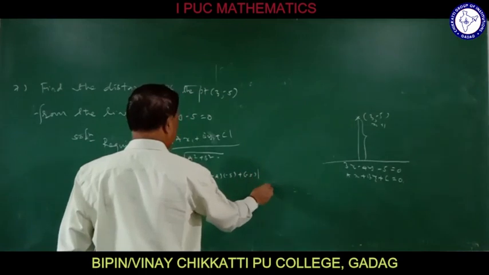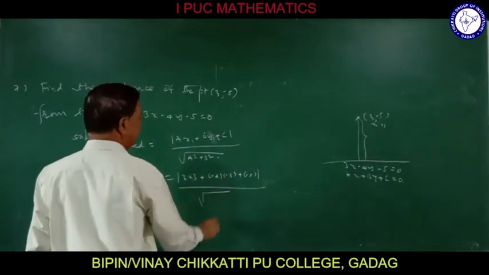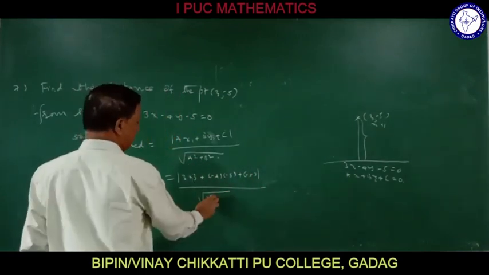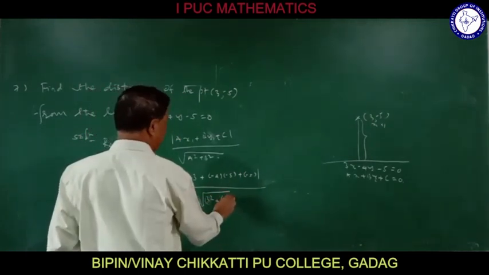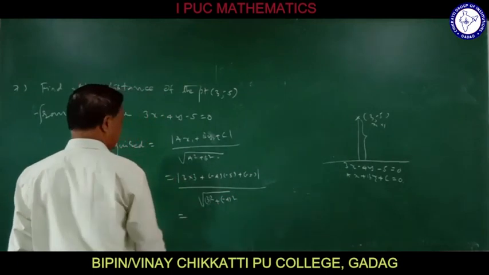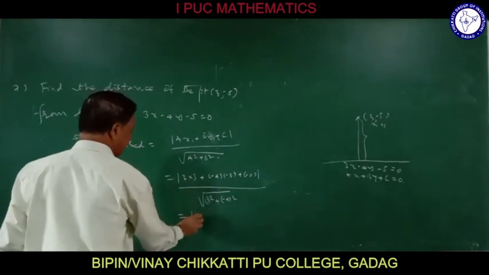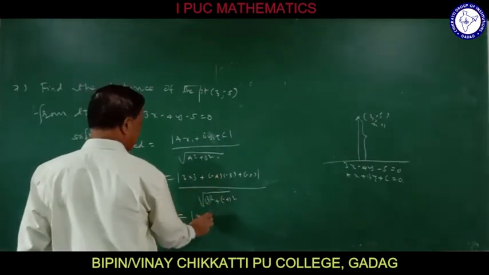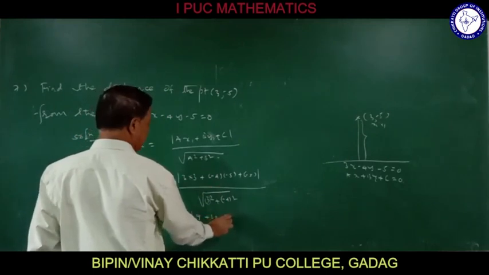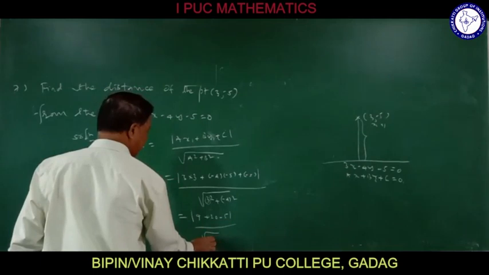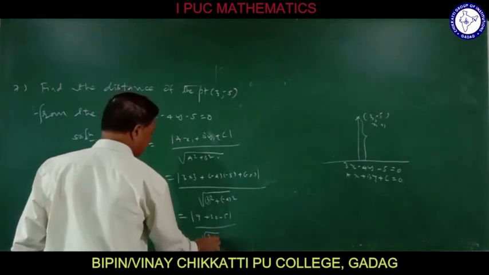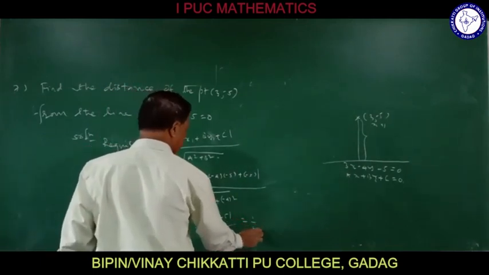This is the numerator. In the denominator, a square is 3 square and b square is (-4) square. So this is the modulus of 9 + 20 - 5, divided by the square root of 9 + 16, which is 25, that is 5.